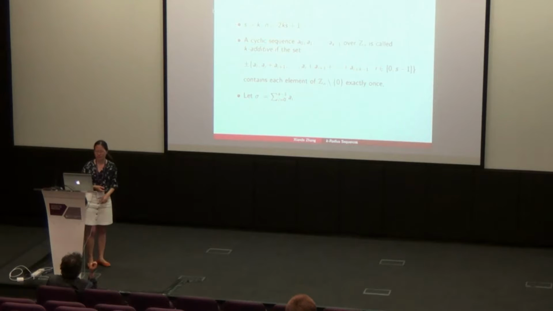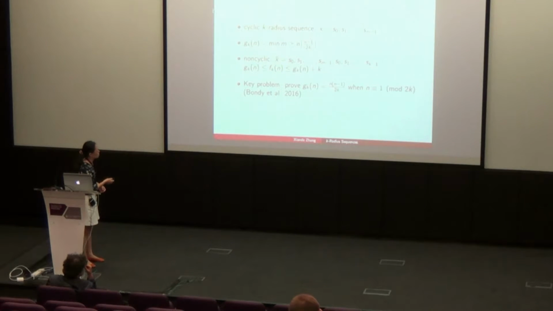To construct this cycle, they define another sequence called a k-additive sequence. It's like a generator, a much shorter generator. Here you need to construct a cycle of length n times (n minus 1) over 2k, but for an additive sequence, you only need to construct a cycle of length (n minus 1) over 2k.